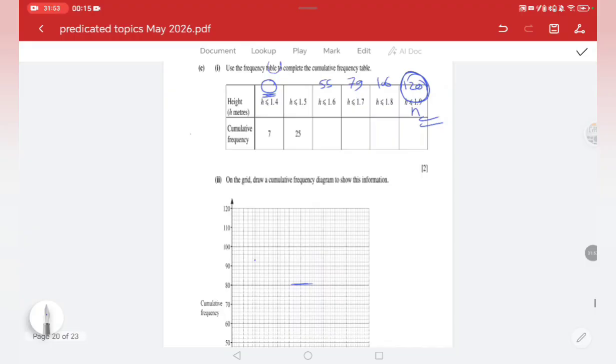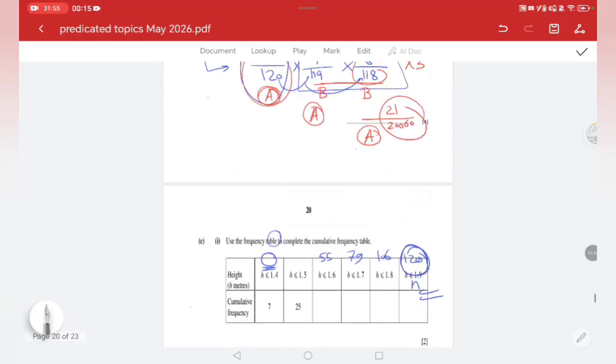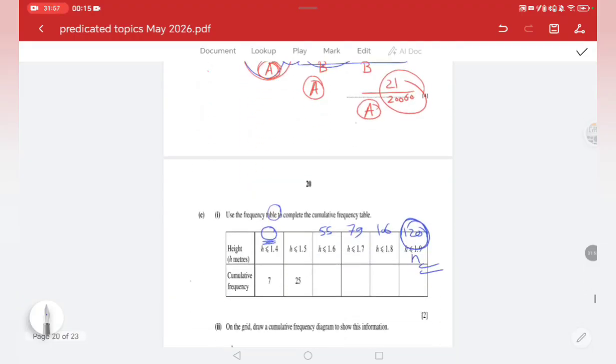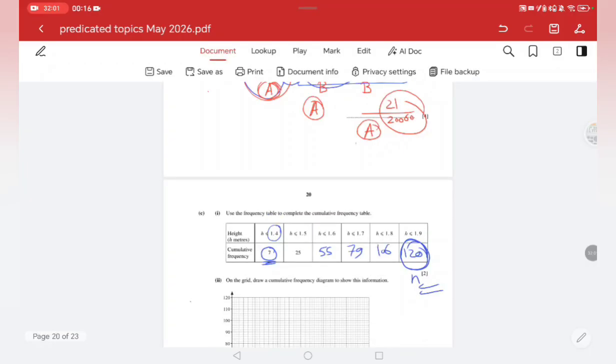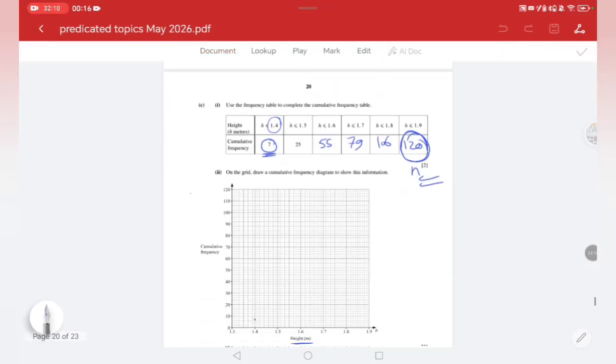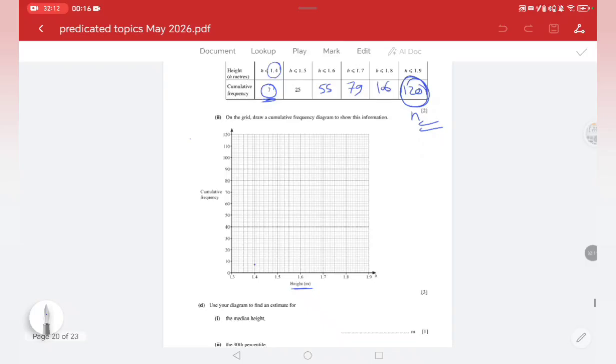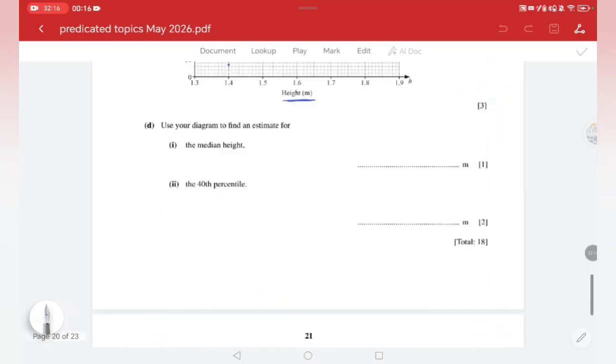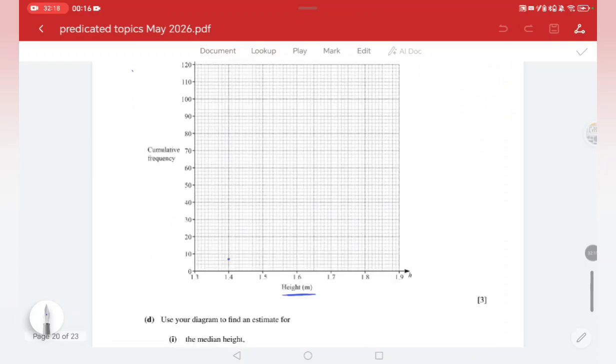Oh, what happened to the graph? Just a second, let's save. Okay, good. Next one is 1.5 and 25. 25 should be between the 20 and 30, so 1.5 and 25 should be here.